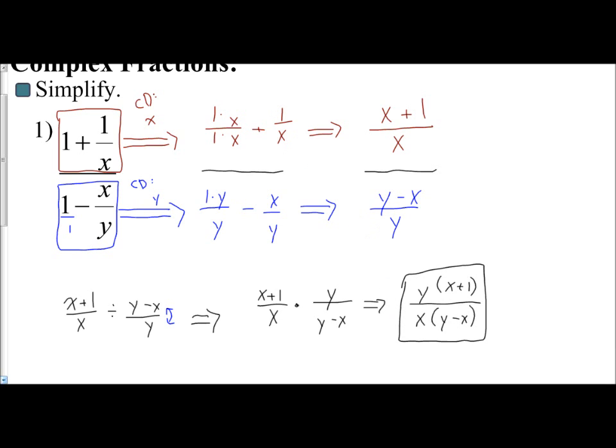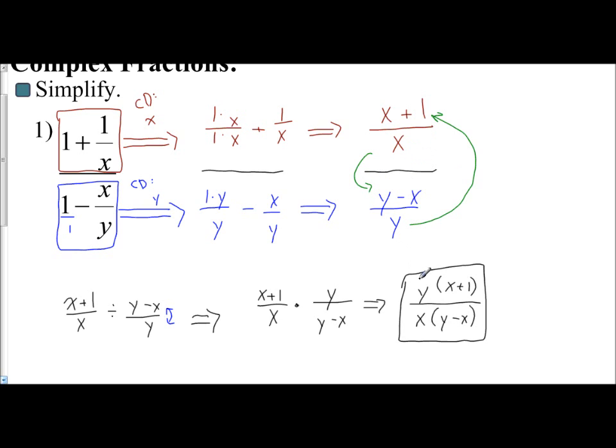Also remember, if you can recall the shortcut for dividing a fraction by a fraction, the bottom of the bottom goes to the top. You multiply the two outer ones together, and the bottom of the top goes to the bottom. You multiply the insides together.